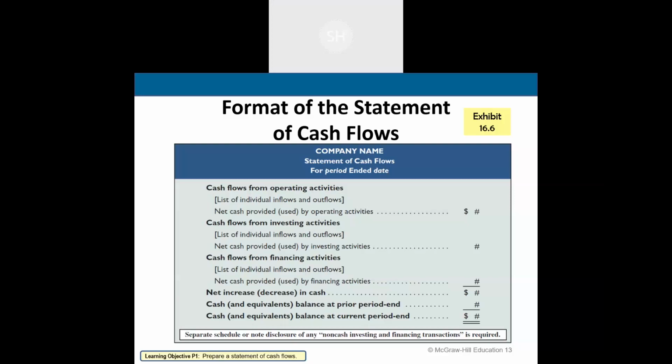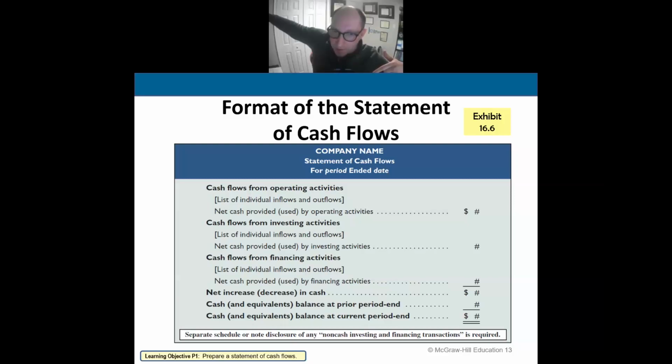Cash goes out for our expenses equals net cash flow. For investing activities, we got cash coming in from the sale of property, plant, and equipment minus cash going out for the purchase of property, plant, and equipment equals net cash flow for investing activities.